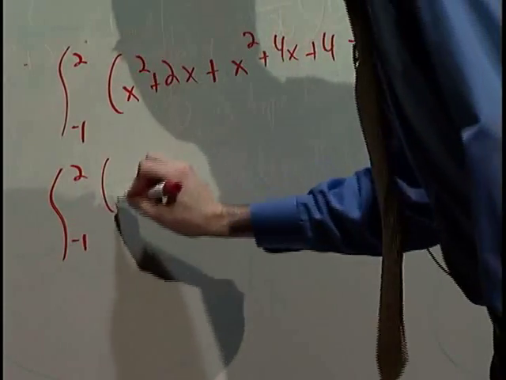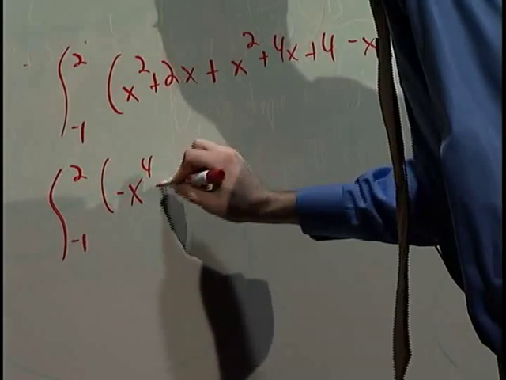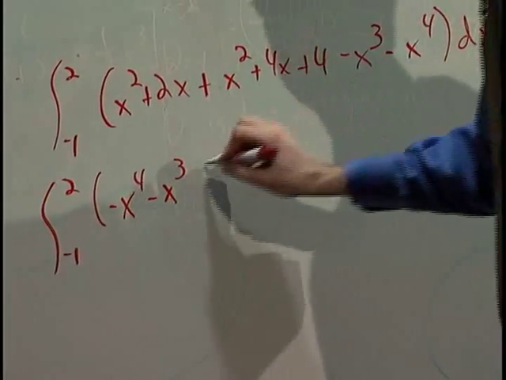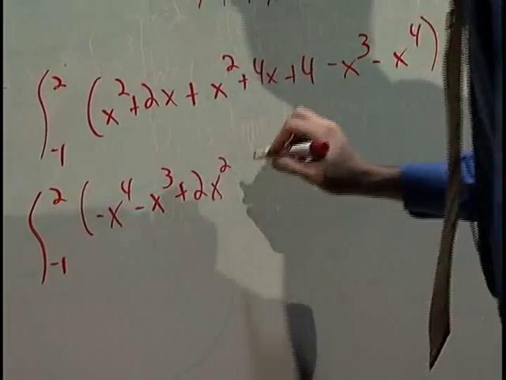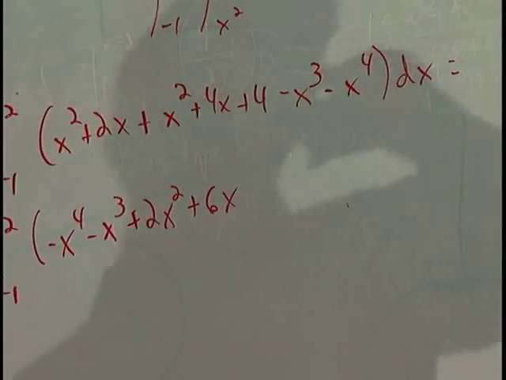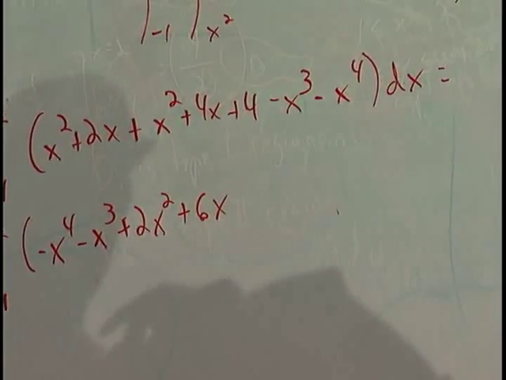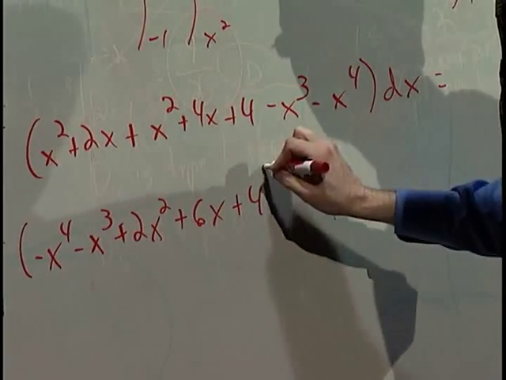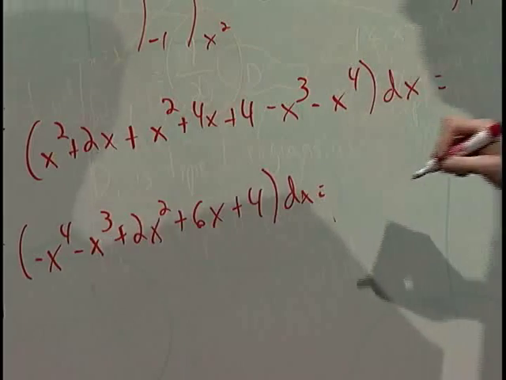So this is going to be minus x to the 4th minus x cubed. Let's see here, you got a plus 2x squared. This should actually be a plus 6x. Thing looks right there, and does it? Yeah, it does. And then plus 4 with respect to dx.